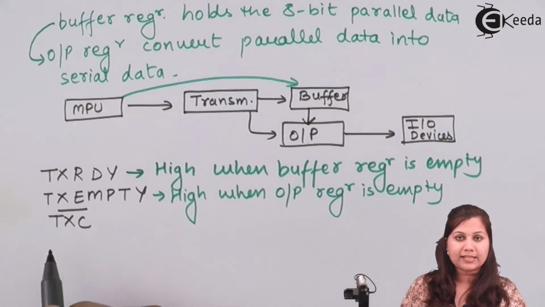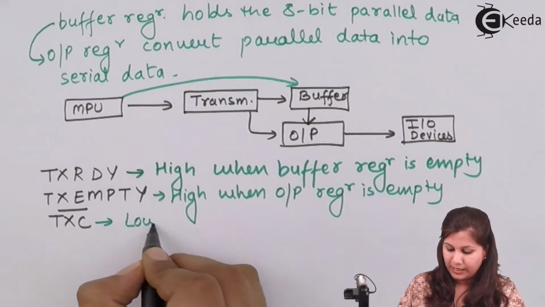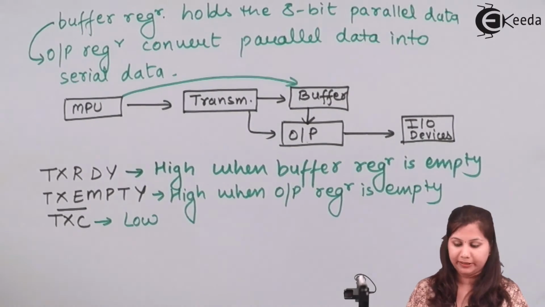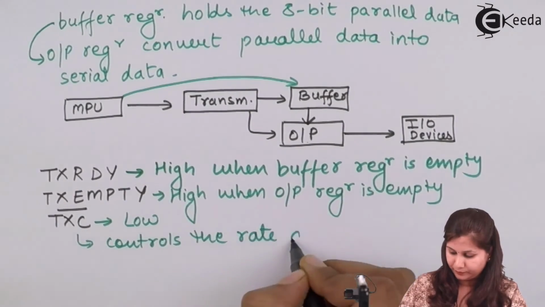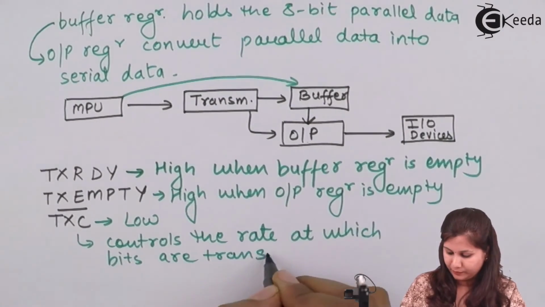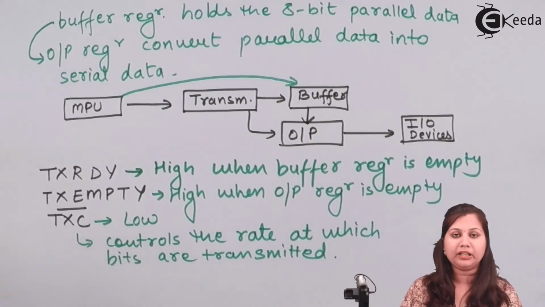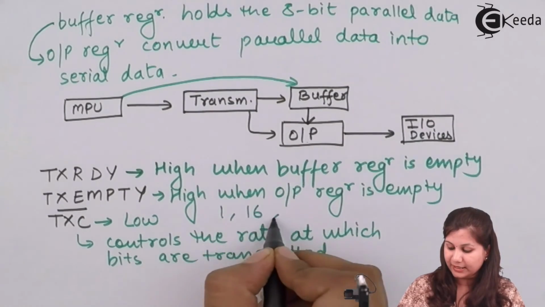TXC is the transmitter clock, and this signal controls the rate at which the bits are transmitted. The transmitter clock depends on the clock frequency by some factors: 1, 16 and 64.